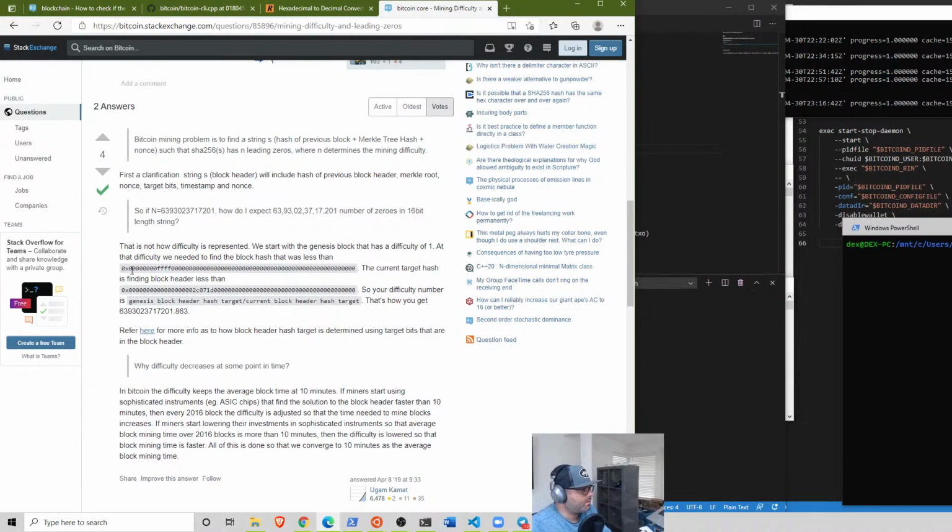Okay, let's see if that's better. All right, we're trying to figure out how to go from the number of leading zeros to the difficulty. So if the current hash target is less than, okay, less than.